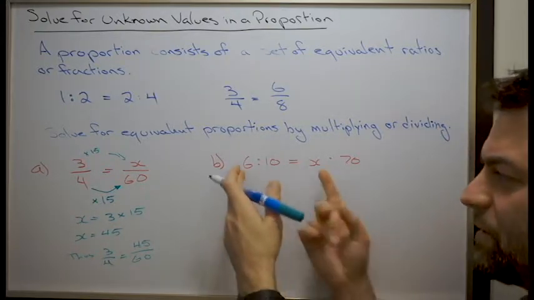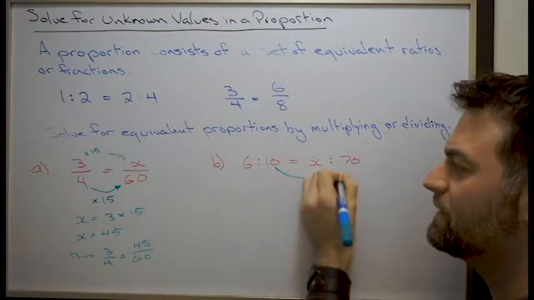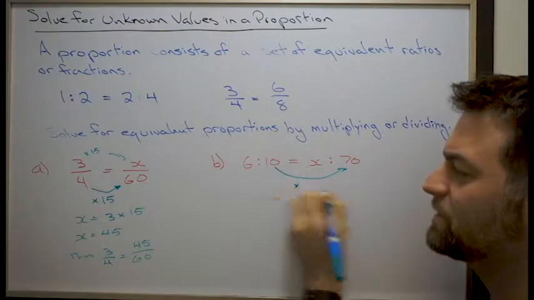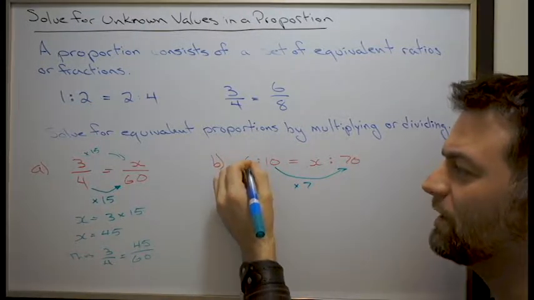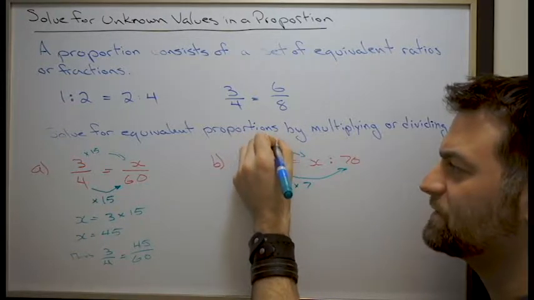Same thing works in the case of ratios. We compare the first numbers and the second numbers. So to go from 10 to 70, we have to multiply, because we're getting bigger here, by 7. So then on the top, we have to multiply 6 by 7 as well.